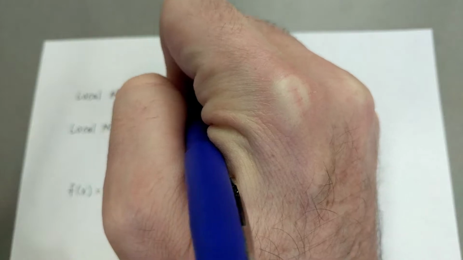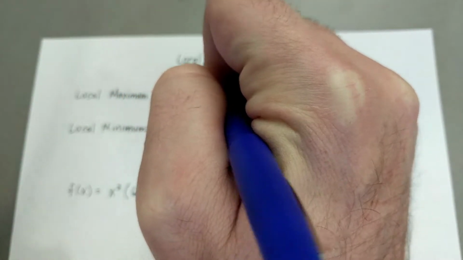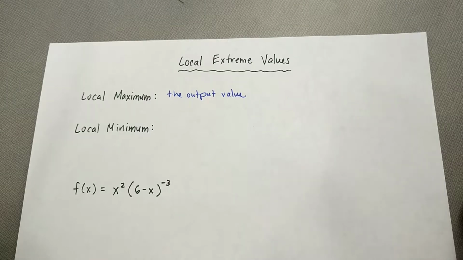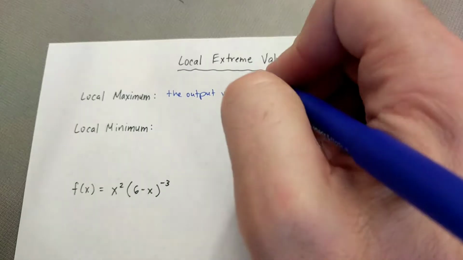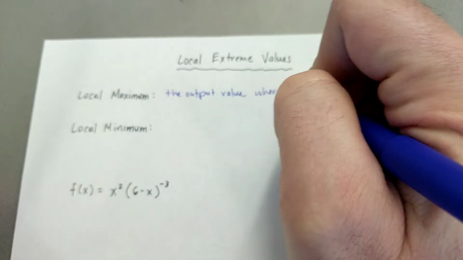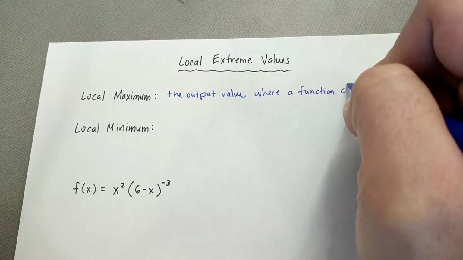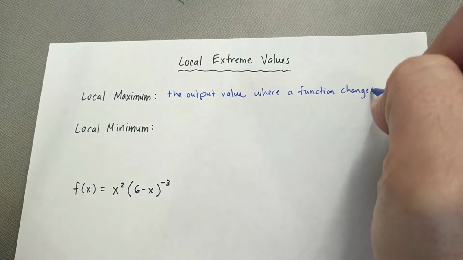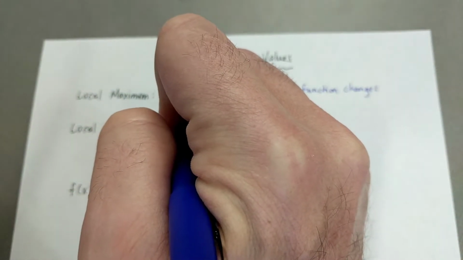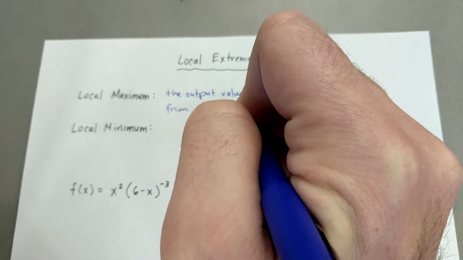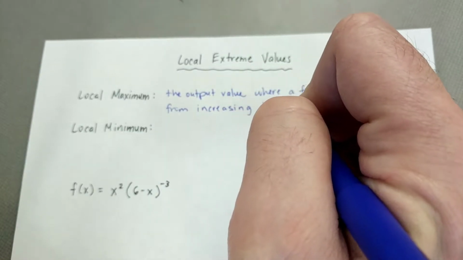So a local maximum is the output value. So we were going to report the y values when we say our maximums and minimums. The output value where a function changes from increasing to decreasing.